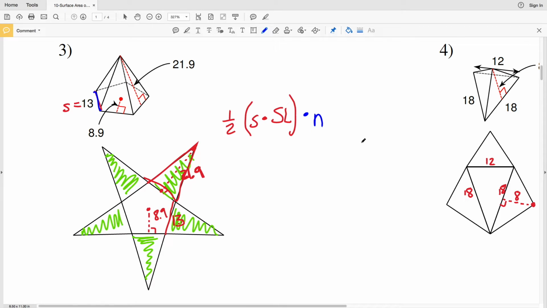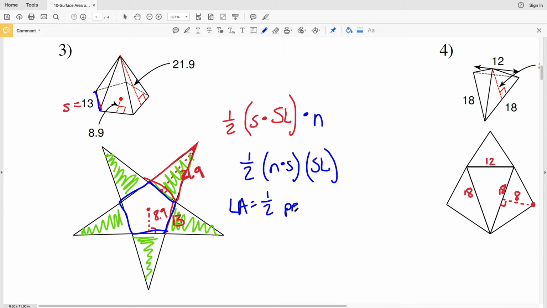And remember, multiplication is commutative, so we can write this as 1/2 of N times S times the slant length. But what's N times S? N times S is simply the perimeter of the base. So for lateral area, we take 1/2 of the perimeter and multiply it by the slant length.